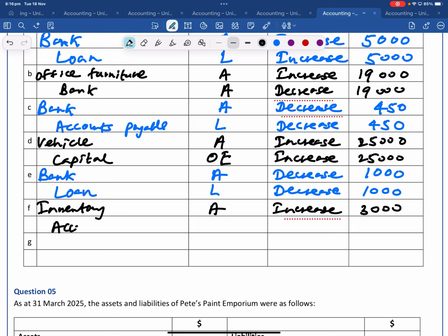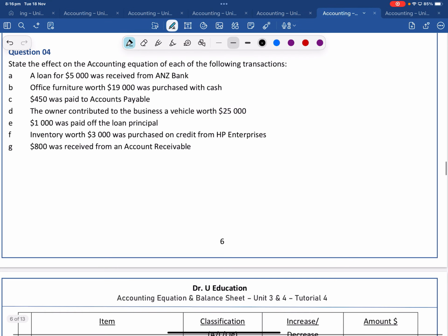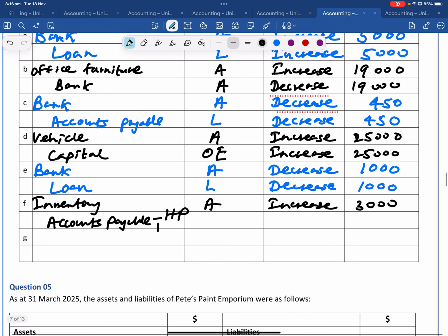Accounts payable, and dash, HP Enterprise. Whenever you know their name, please write it. Liability. What happens? Increase. 3,000.